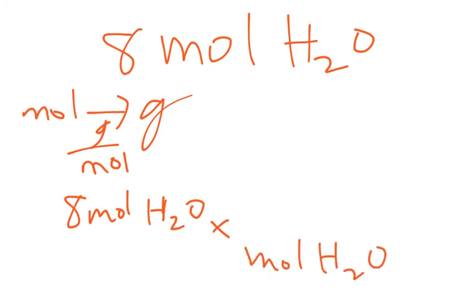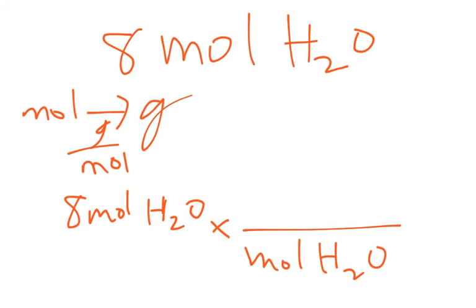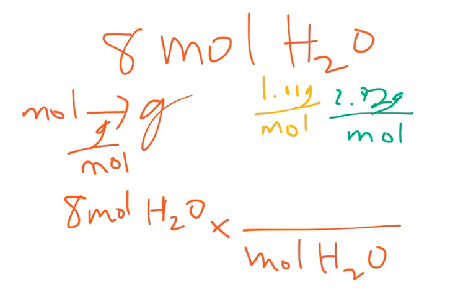So how do we find the molar mass of H2O? Well, it's just like finding the molar mass for H2SO4. We just have to do a little bit of math. We know that the molar mass of H is 1.01 grams per mole, and since we have 2 of them, it will be 2.02 grams per mole. And the O is just 1 O, so it will be 16.00 grams per mole.